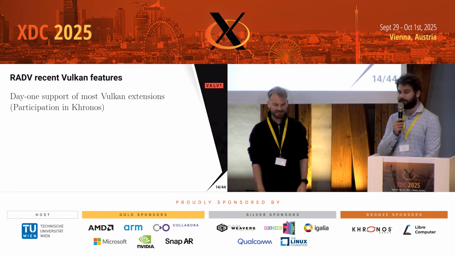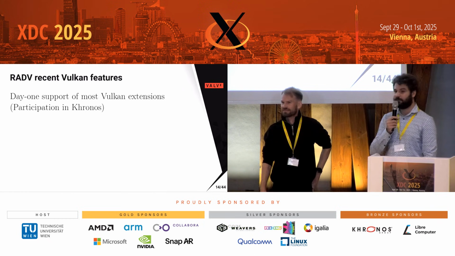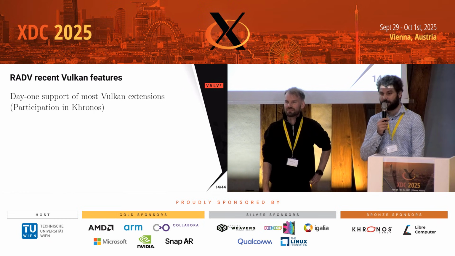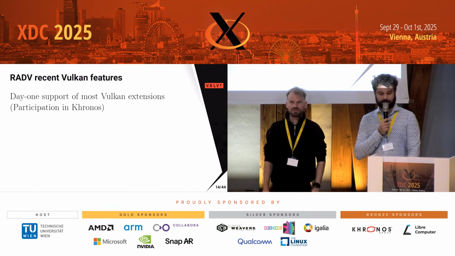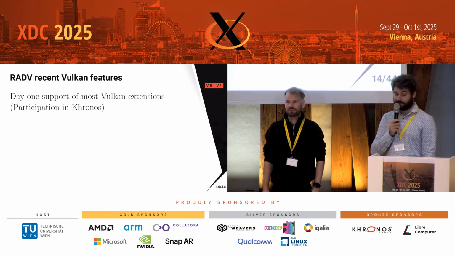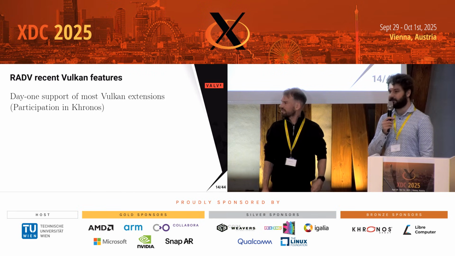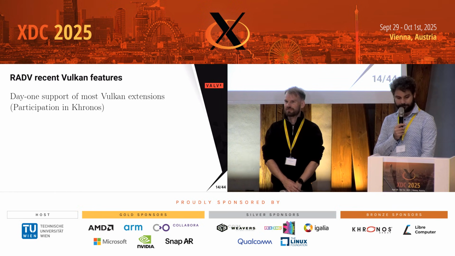That's because many of our developers are participating directly in Khronos, which means when they are cooking up a new Vulkan extension, we are there, we can comment on it, can we implement this, can we make it more efficient, and usually by the time the extension actually comes out officially from Khronos, we already have a branch somewhere with RADV support, which of course we merge really quickly.